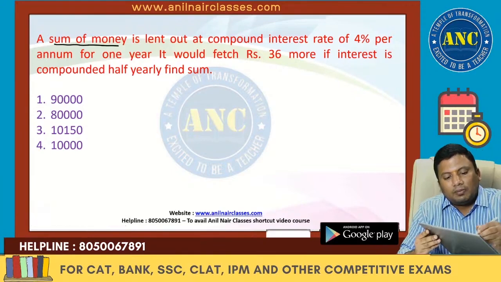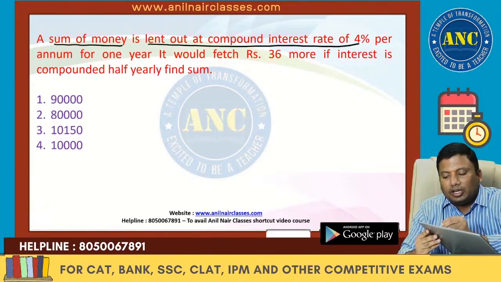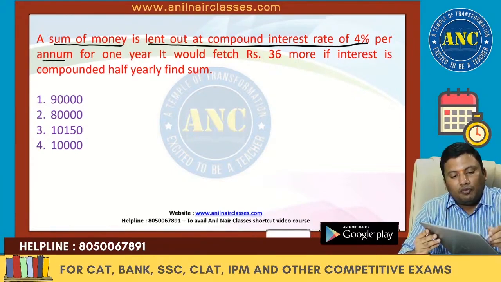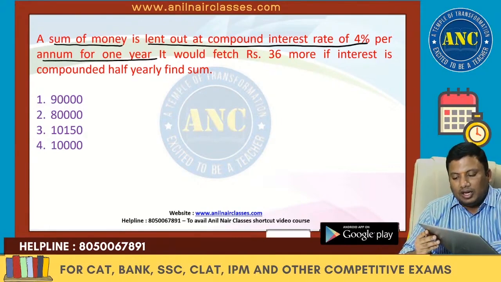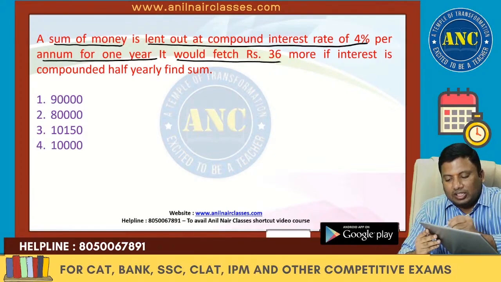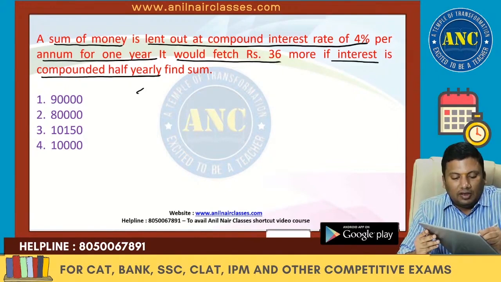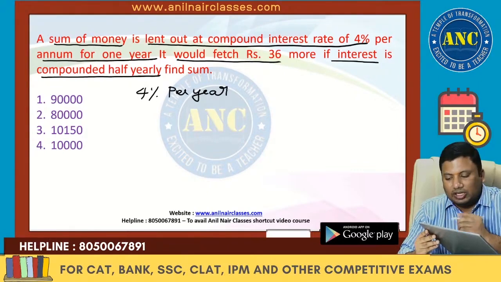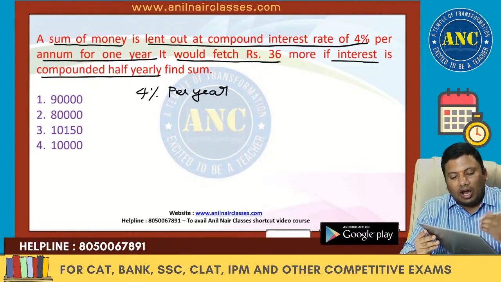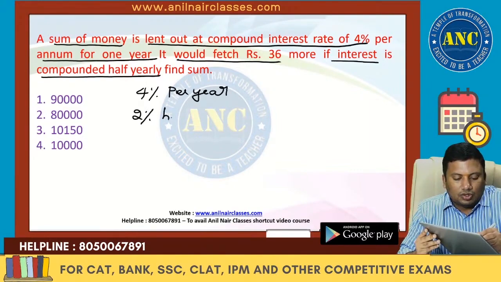Next one. A sum of money is lent out at a compound interest of 4% for 1 year. It would fetch 36 more if the interest is compounded half yearly. One is 4% per year. The other, with interest compounding half yearly, is 2% half yearly.